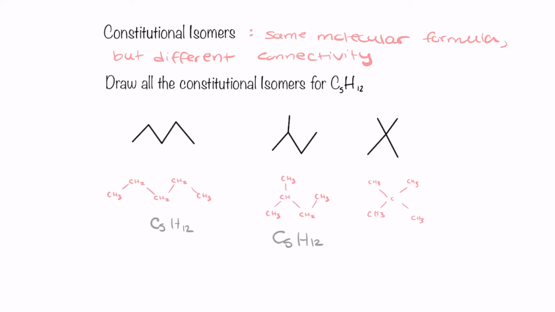So our molecular formula for this structure has 1, 2, 3, 4, 5 carbons, C5, and 12 hydrogens. Each of these compounds has the same molecular formula of C5H12, but very different connectivity. That means they are all constitutional isomers of each other.